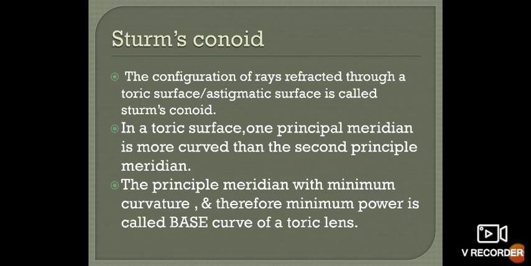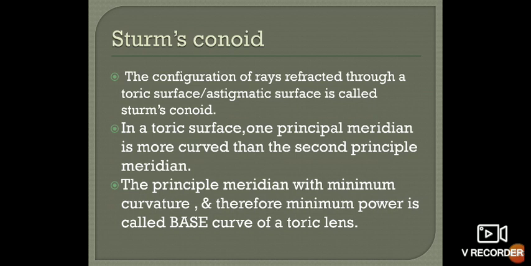If we draw a diagram of the passage of light through these toric surfaces, that configuration is called Sturm's conoid. So the configuration of rays refracted through a toric or astigmatic surface is called Sturm's conoid. Remember.